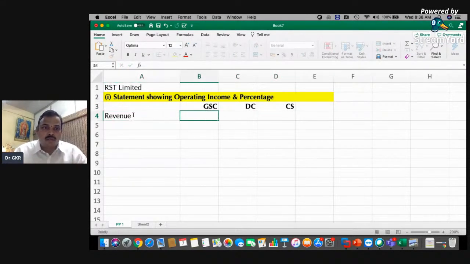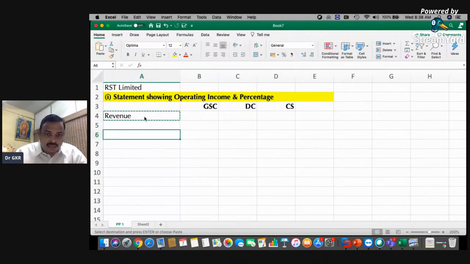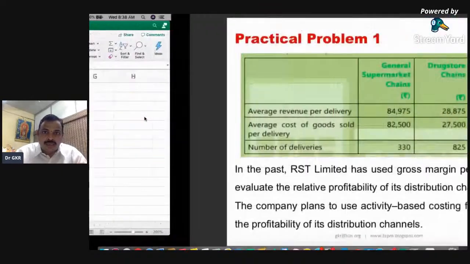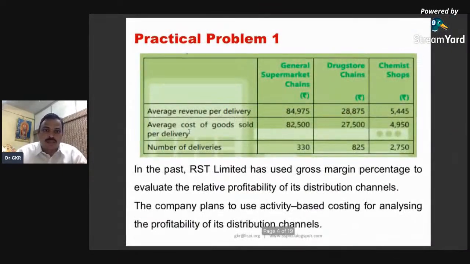Guys, I'll just take the inputs that are given in the question itself. What is given in the question? Average revenue per delivery.